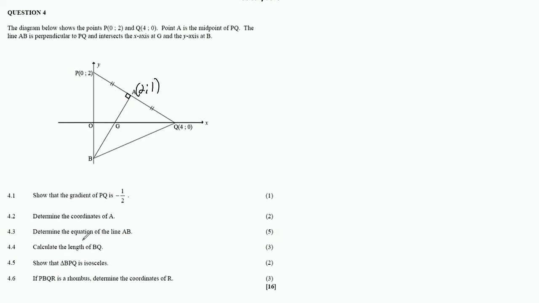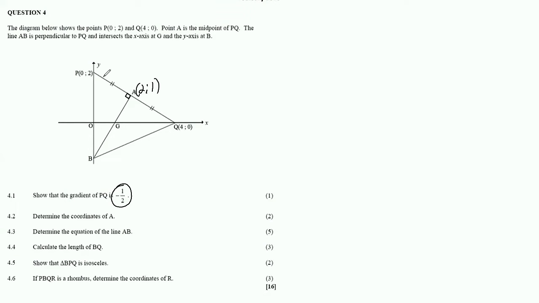Then 4.3 says determine the equation of line AB, right? In order for us to determine the equation, we have learned that we need the gradient and a set of coordinates. We do have a set of coordinates, those of A, but we do not have the gradient. But remember, the gradient of PQ, we just proved that it is equal to negative 1 over 2.